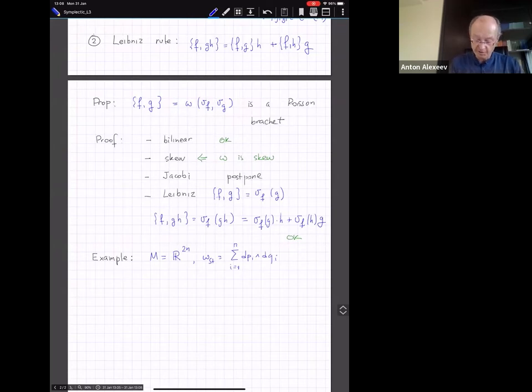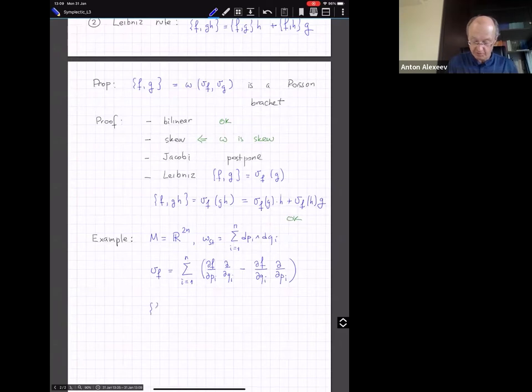Let me recall that last time we computed the Hamiltonian vector field for such an example. For instance, V_f is equal to the sum over n of df/dp_i d/dq_i minus df/dq_i d/dp_i. So that's the formula that we derived last time.